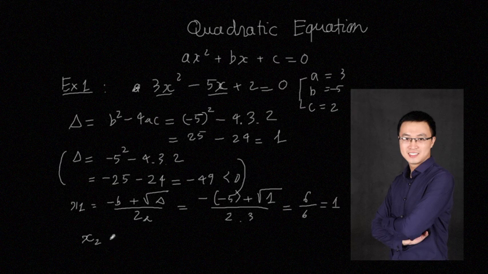And x2, you will have 5 minus square root of delta divided by 2a, it means 6 here, and easily 4 divided by 6, and you got 2 over 3.